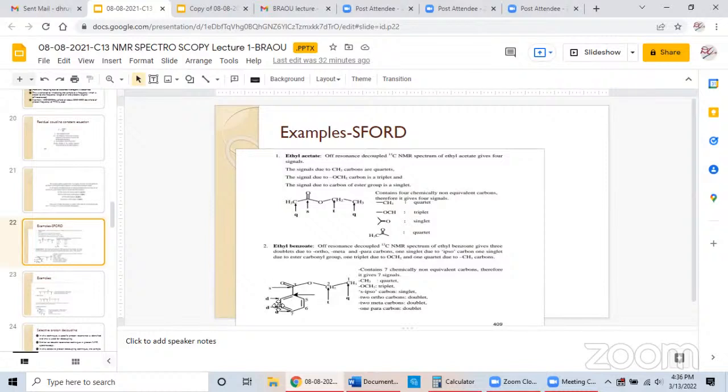This is attached to 1 hydrogen, so doublet, doublet, doublet. So from the pattern of these multiplicities, you will be able to know how many types of carbons. Even CH3 means sp3 hybridized carbon. In that way also you can know.